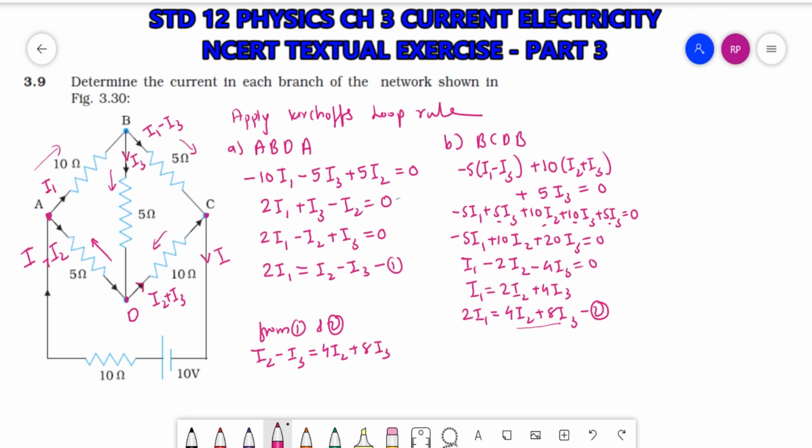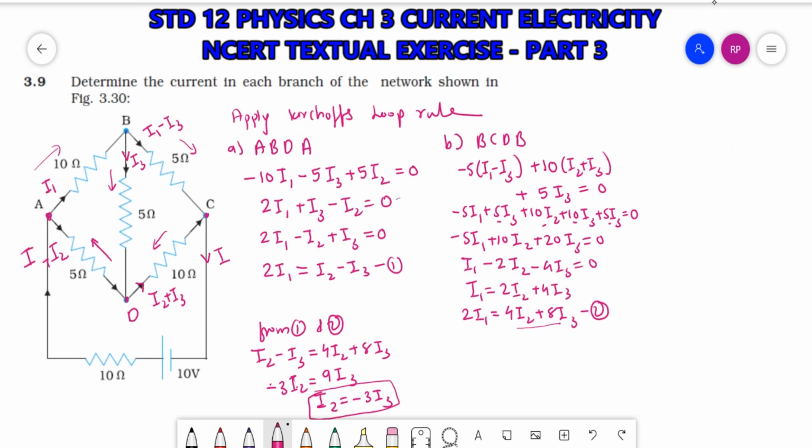Clear? So 9I3 will be equal to minus 3I2. So I can get I2 equal to minus 3I3. Clear?